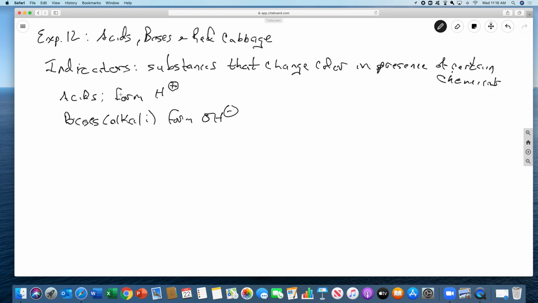And what happens is that typically we measure acids and bases in terms of pH. And the reason we can do that, so pH is the negative of the logarithm of the H plus concentration. This means H plus, this means concentration.